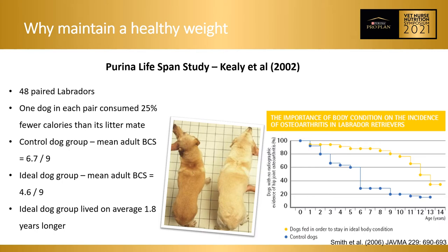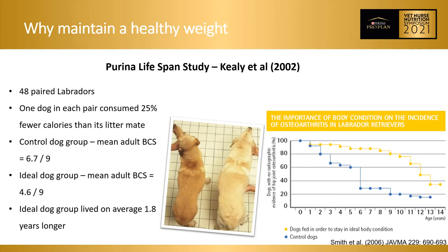So just to highlight, they weren't grossly obese, they were just ever so slightly overweight. And the ideal dog group maintained on average their body condition score around a 4.6 out of 9, so classified as ideal.